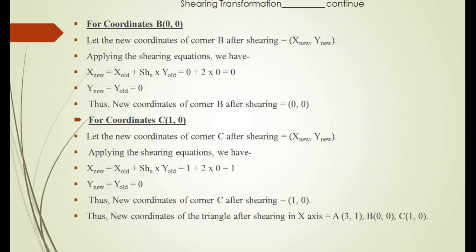For C, x dash is equal to x old plus shx into y old, which is 1 plus 2 into 0, so the answer is 1. Then y dash is equal to y old, which is 0, and our new coordinate x dash, y dash for C in x shearing is (1, 0).